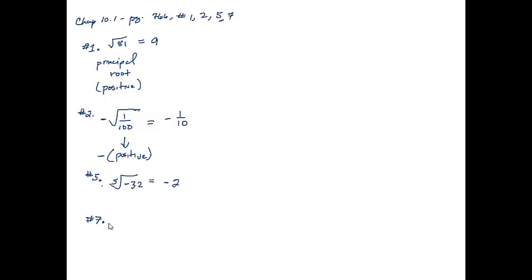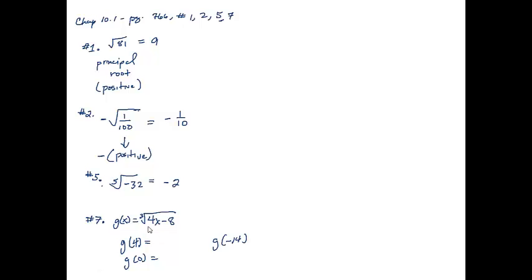It says, find the indicated function value for each function, if necessary, round to 2 decimal places. And it tells me that g of x is equal to the cube root of 4x minus 8. And it wants me to find g of 4, g of 0, and g of negative 14.